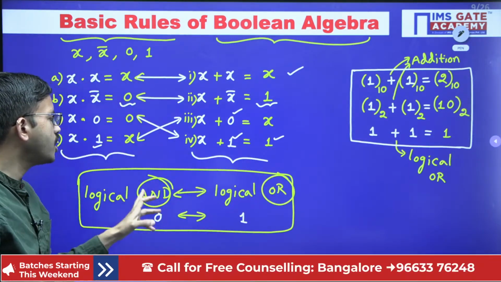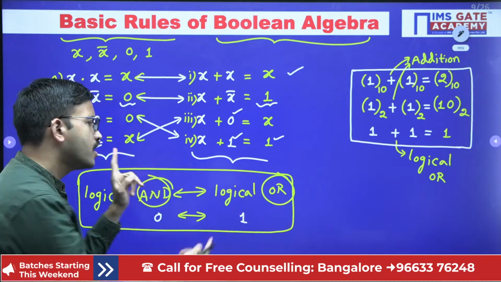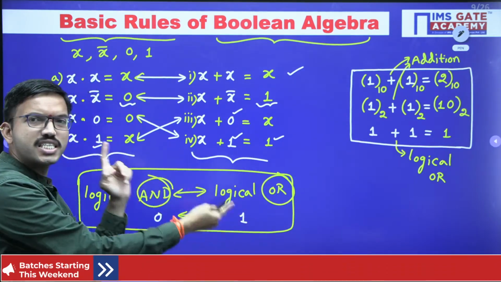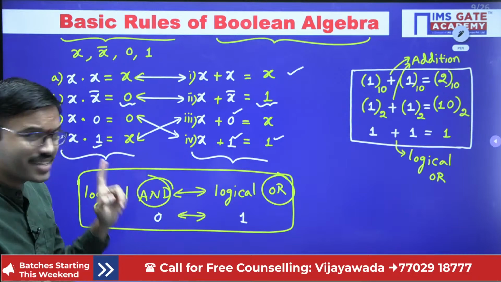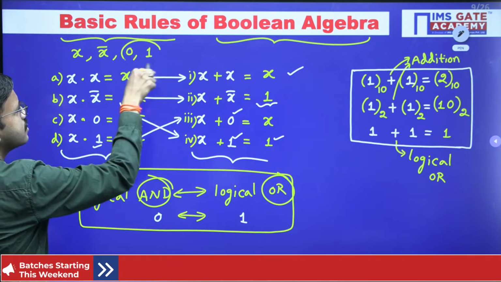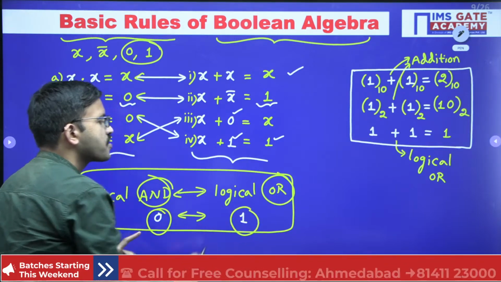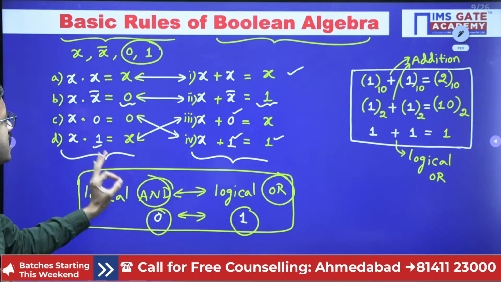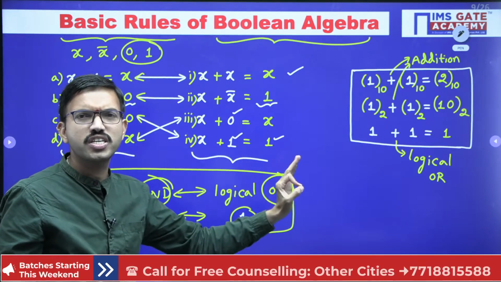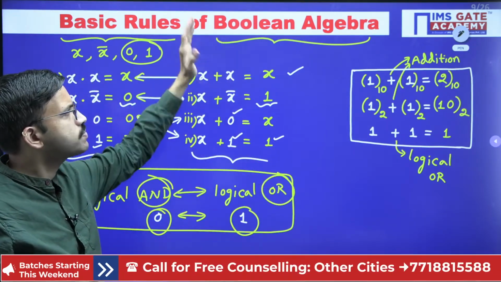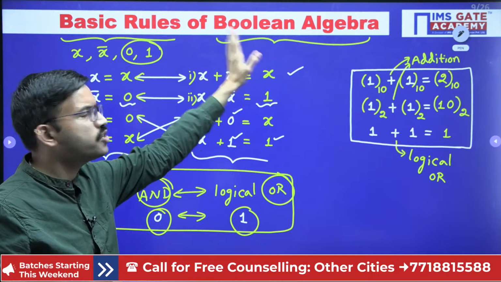The basic binary operators are logical AND and logical OR. The first step is you have to interchange the basic binary operators, and then you are having two constants, 0 and 1. So 0 and 1 you have to interchange. If you do like that, then you are going to get one more equation, and it will satisfy the basic Boolean algebra condition.